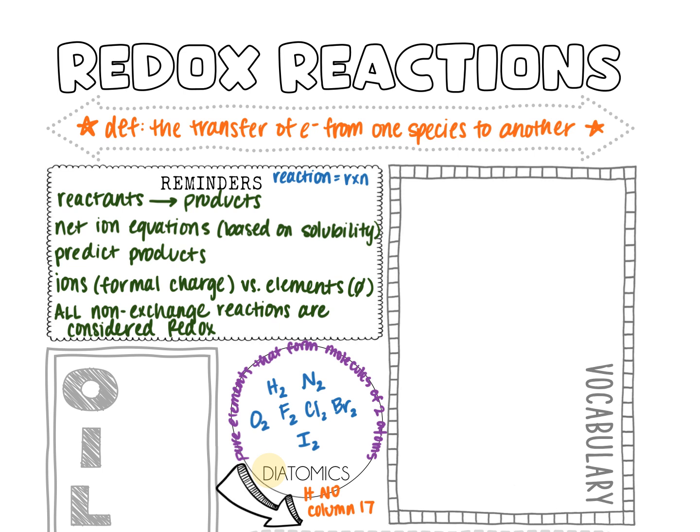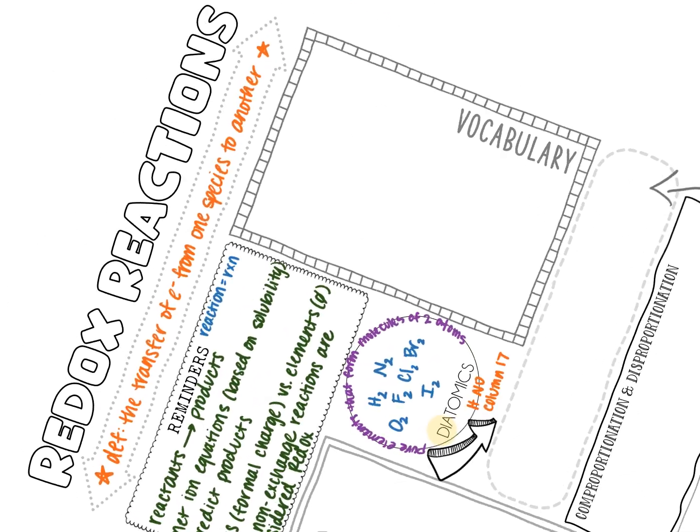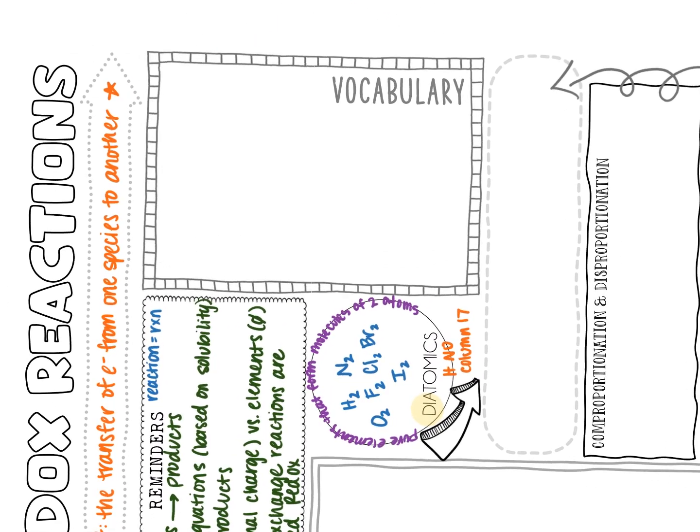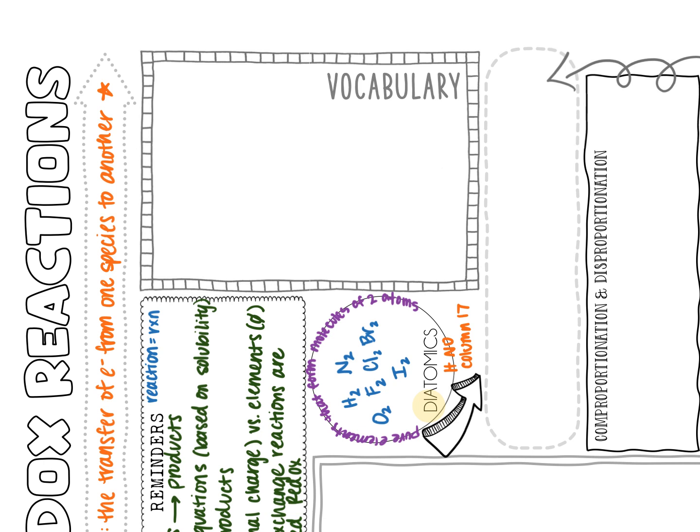All right, now let's look at your vocabulary section. So I'll just turn this guy this way. There's only a few vocabulary words that you need to be aware of for this unit. So the first one we're going to look at, spectator ions.